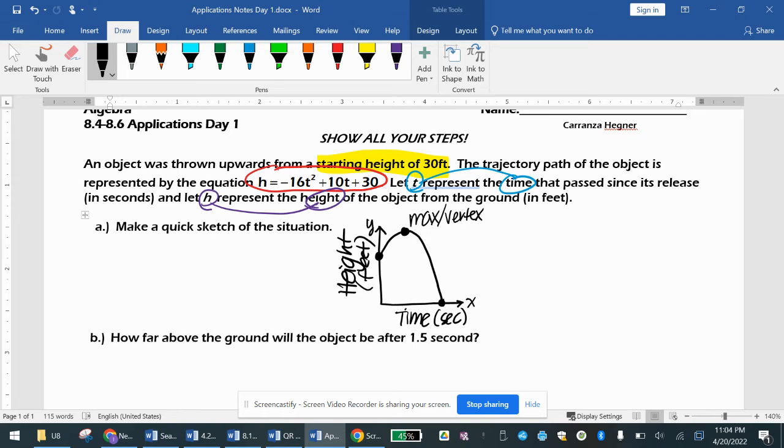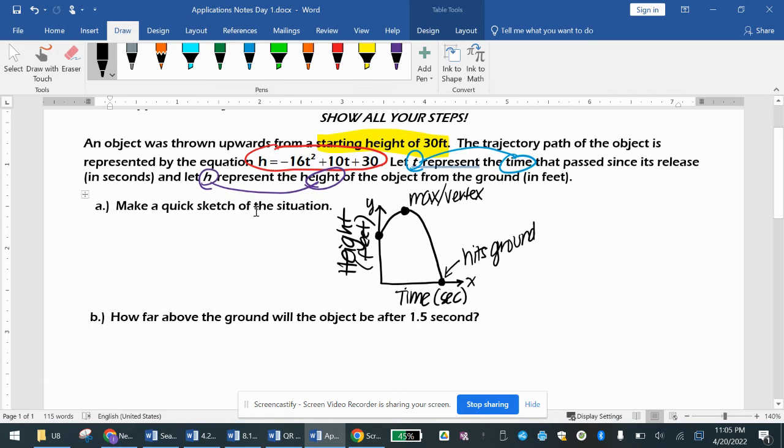So the highest height, the maximum height is the vertex. But for the first time, we're going to find out how long it took to get to the ground. So este punto es cuando el objeto toca el piso, hits the ground. Okay, y antes no sabíamos cómo contestar esa pregunta. We didn't know how to like figure that out.